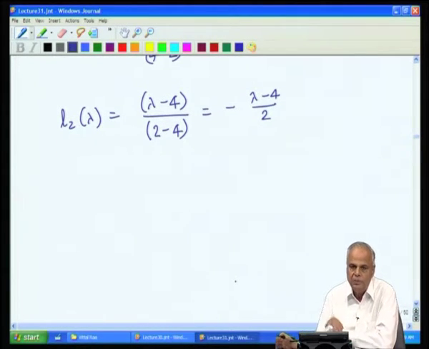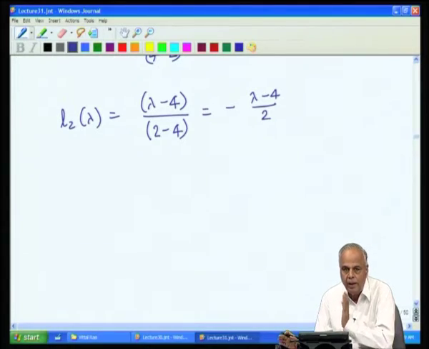So, now we have seen that given any k distinct numbers lambda 1, lambda 2, lambda k, in particular given the k distinct eigenvalues of the matrix A, with these we associate the k Lagrange interpolation polynomials L1, L2, Lk.